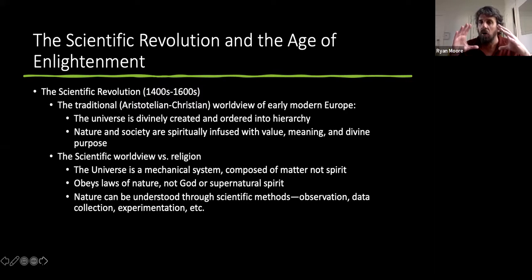Everything in the natural world was part of God's master plan. And so all you needed to understand the world was basically the Bible. And not even the Bible, but what the church said about the Bible, or what the priests told you was true about the Bible.